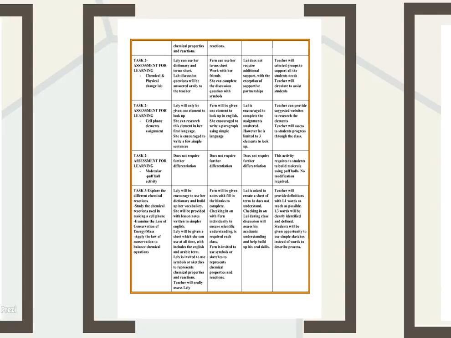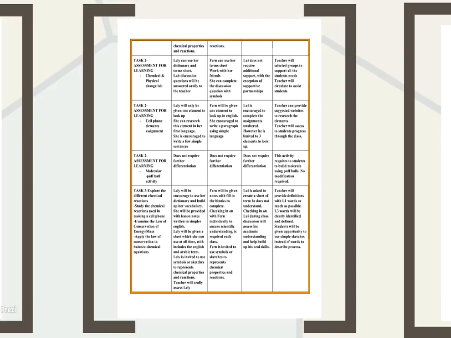And I do want her now to answer those discussion questions using simple L1 words supported with the L3 science terms that she's already been introduced to. She's allowed to answer her questions in symbols or in sketches or diagrams. And Liu doesn't really require any additional support, with the exception of being put with the supportive partners.